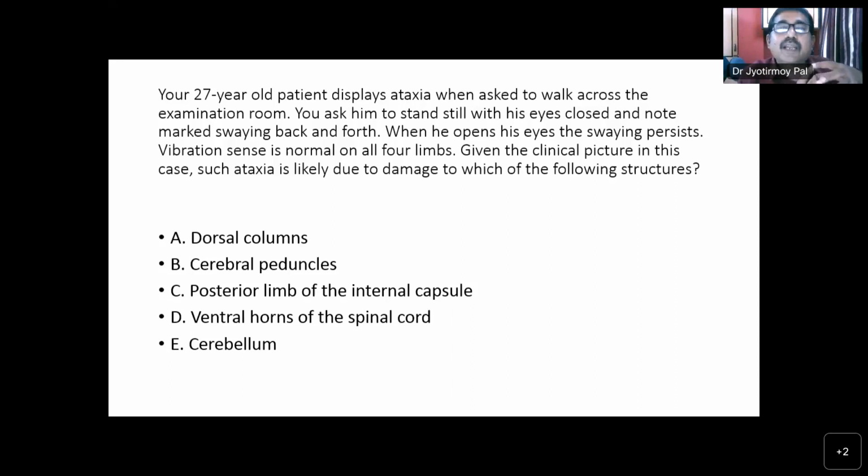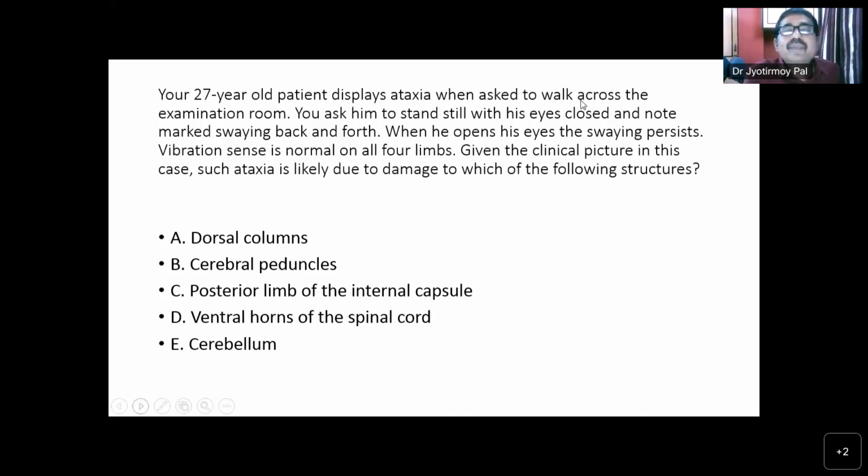So this is the final relay center. So if there is a defect in the posterior column, your one input is okay, so swinging will be less when eyes are open. But in case of cerebellar disorder, it is the final realization. Whether your eyes are open or closed, swinging will increase.